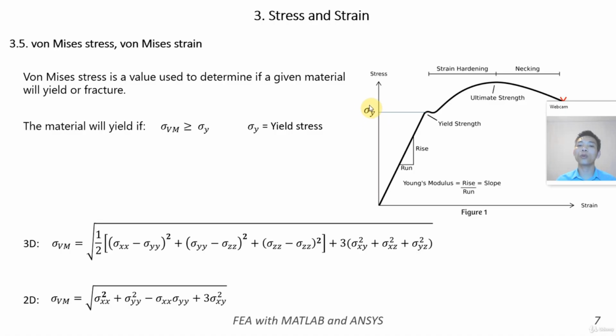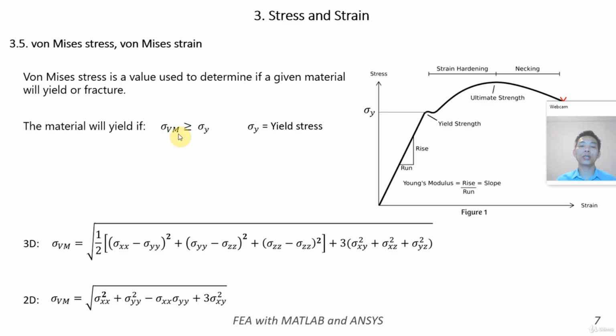That is a very important value of material that we need to know for each material. Yield stress, or we call yield strength. Below that limit, you can see the relation between stress and strain is linear. So in structural design, a very traditional method is we compare von Mises stress with the yield strength, right?